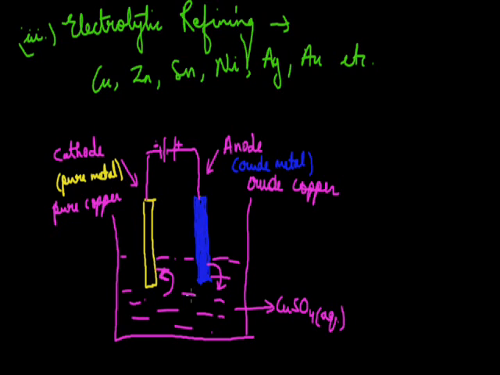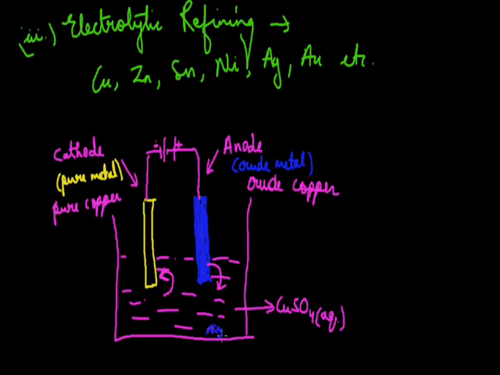Okay, so we will see that the crude metal is transferred into the solution, and from the solution the metal is getting deposited. So the soluble impurities will go into the solution, whereas the insoluble impurities settle down at the bottom of the anode. The impurities which settle down are called the anode mud.